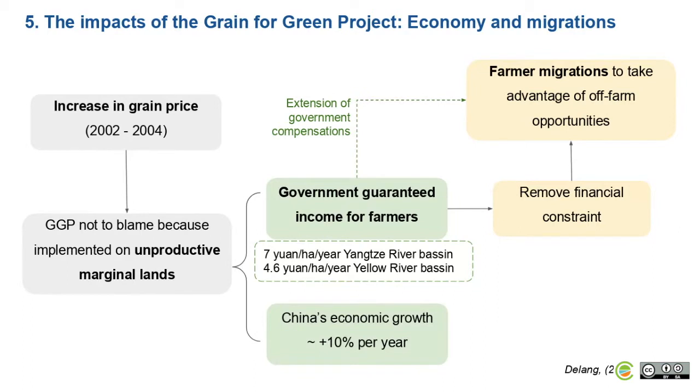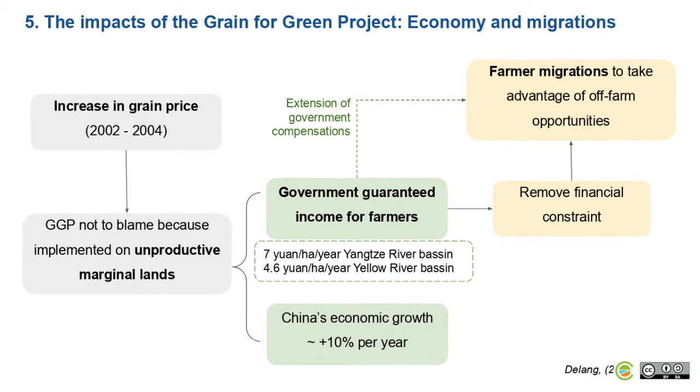So these incomes are in line with what they had from the land before converting their land. So this guaranteed income removed the financial constraints of the poorest farmers, and they could now take advantage of some opportunities in the city. And at the same time, in China, there was also economic growth of about 10% per year, so it was also creating many new job opportunities.